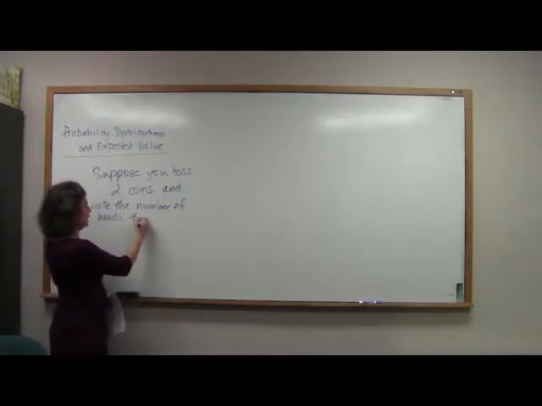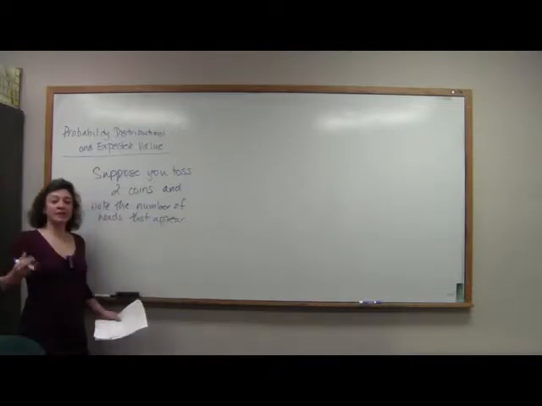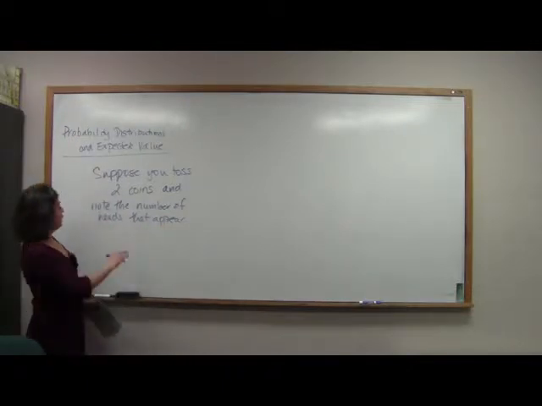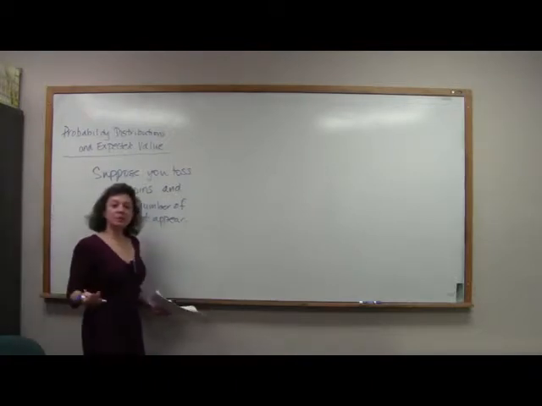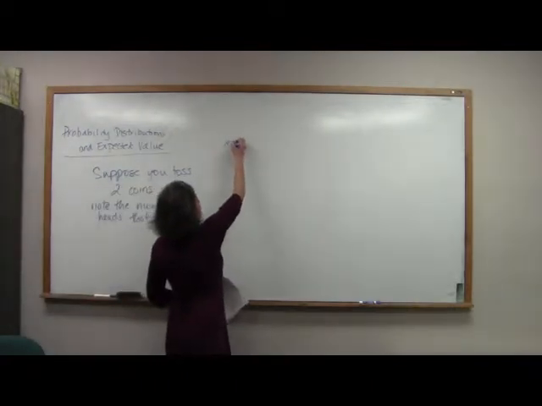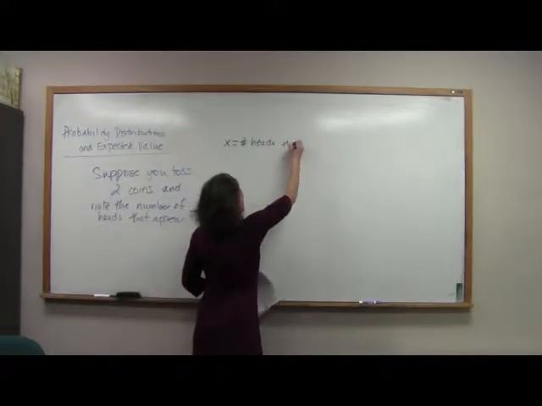When you are setting up these tables, you will always be told what it is you're looking for. So we want to find the number of heads that appear, and we set X to represent the number of heads that appear.